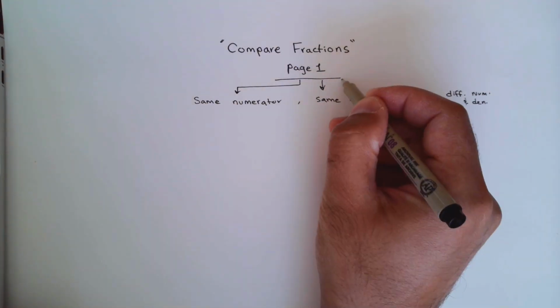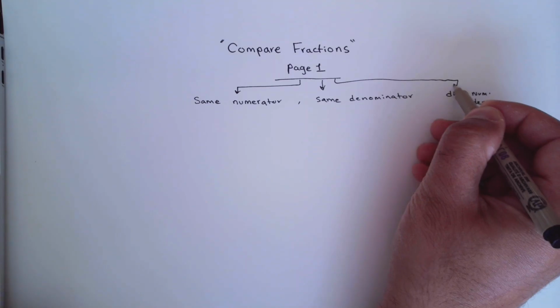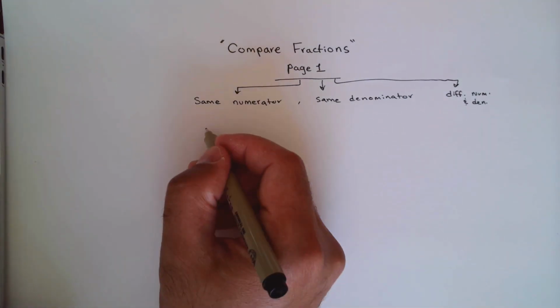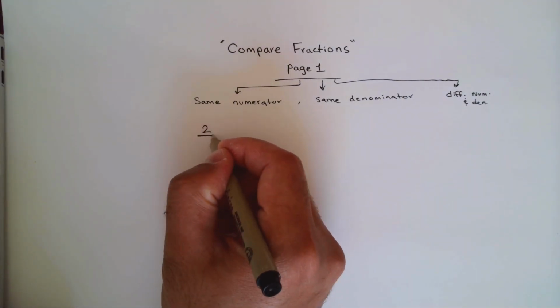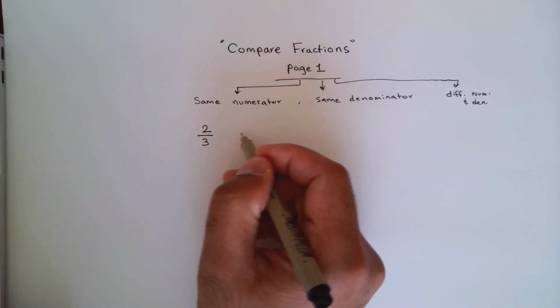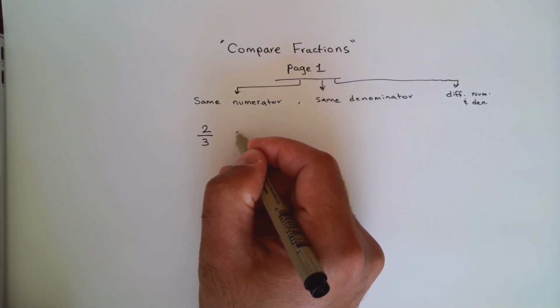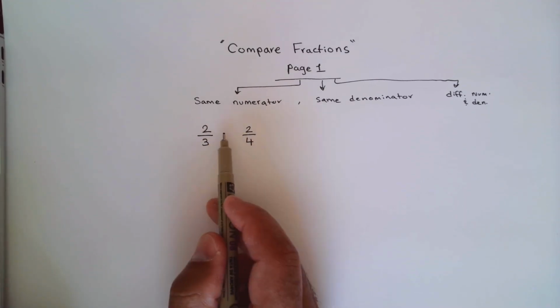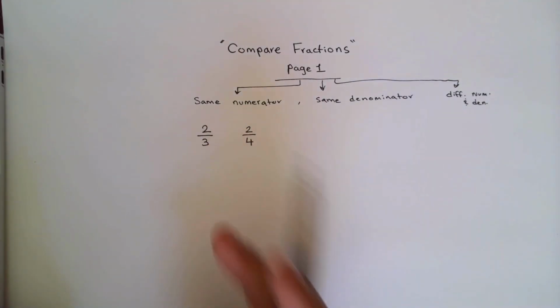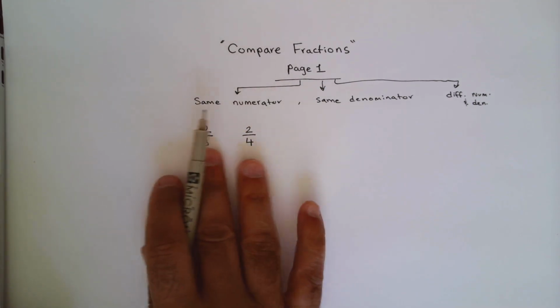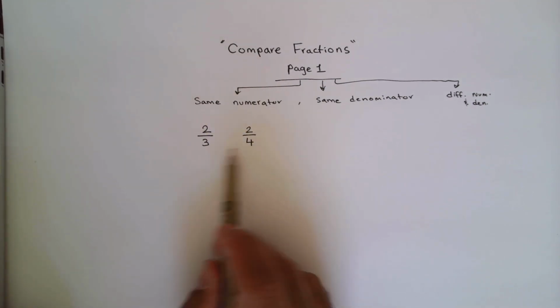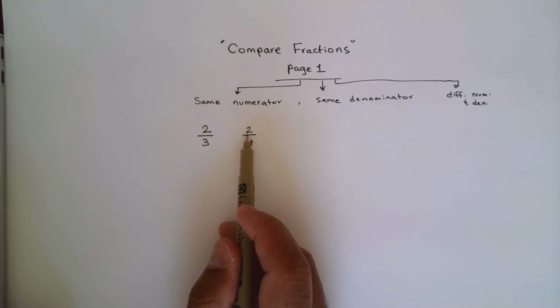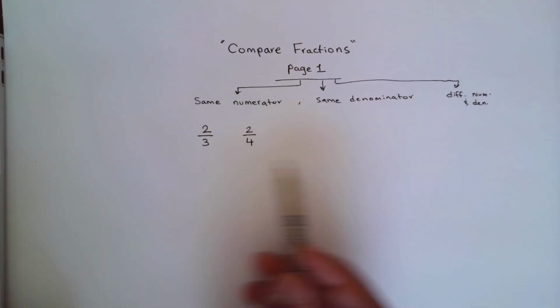Okay, so you're gonna have a situation where the numerator is the same. So let's say we have 2/3 and 2/4. Okay, so here the numerator is the same. Both fractions have two pieces, but the size is different. Okay, so two pieces of different sizes.